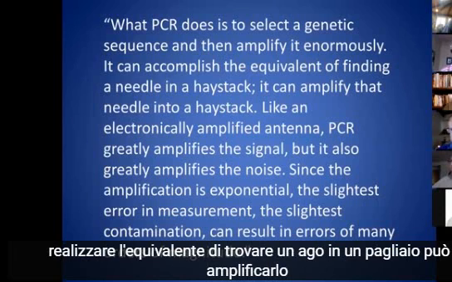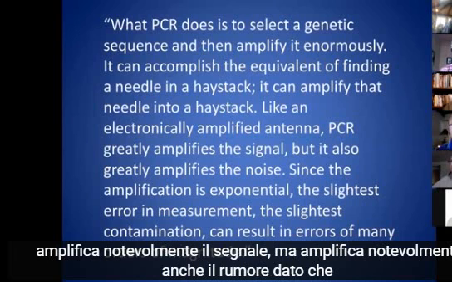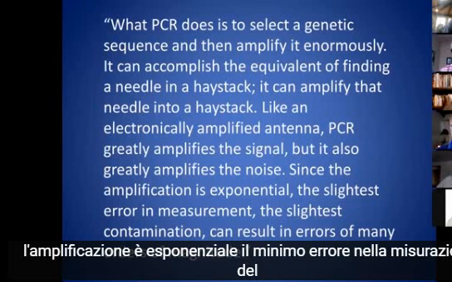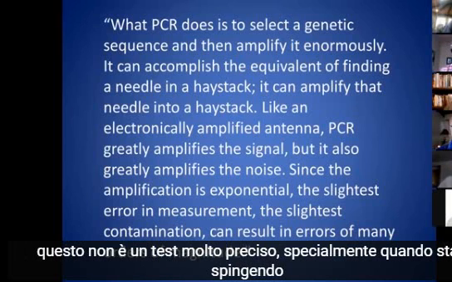And I'm going to share this quote with you from another article about PCR. It says, "What PCR does is to select a genetic sequence and then amplify it enormously. It can accomplish the equivalent of finding a needle in a haystack. It can amplify that needle into a haystack. Like an electronically amplified antenna, PCR greatly amplifies the signal, but also greatly amplifies the noise.